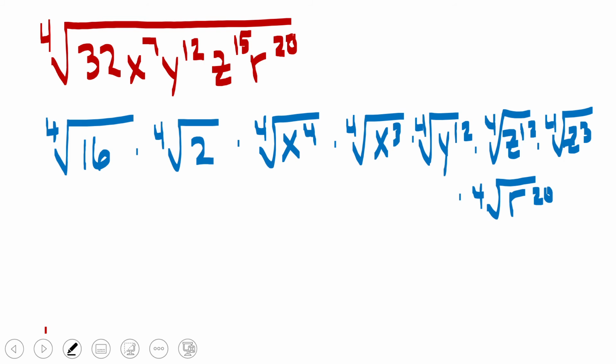We're going to leave that one alone too, because those exponents divide evenly by our index 4.